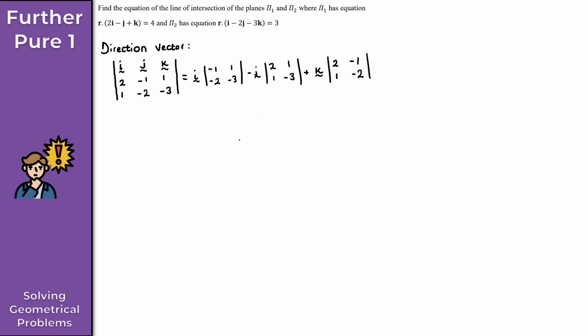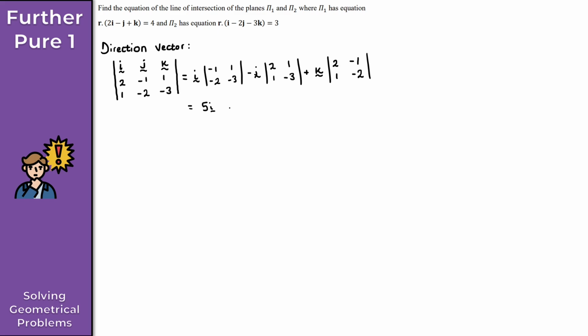Let's evaluate each 2x2 determinant. I get -1 times -3, which is 3, minus -2, but altogether we get 5i to begin with. Let's keep going. I've now got 2 times -3, so that's -6, minus -1 times 1, so -6 minus 1 is -7.